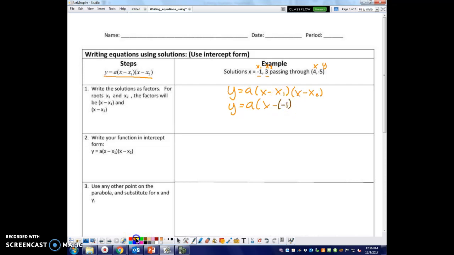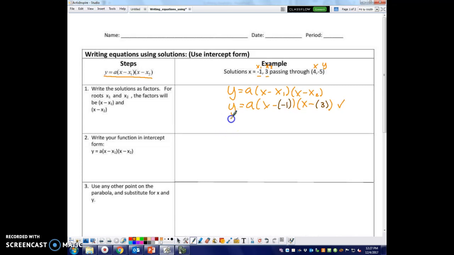Okay, so x minus x1. Then we have x minus x2. What's our x2? It's that 3. Okay? So all we did was we plugged in our x1 and x2. Okay? Put a check mark if you understand it. If not, push pause and ask me to come over to explain it so that you do understand it.